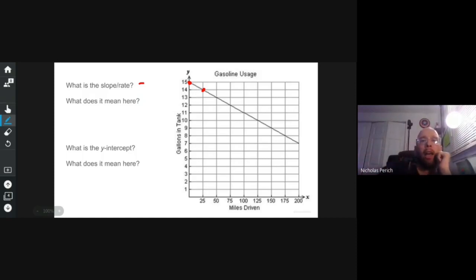So my rise is 1, and my run is, it goes over 1, but going over 1 is actually 25. Every x value is 25. So I don't go down 1 over 1. I go down 1 over 25. So my slope is negative 1 over 25.